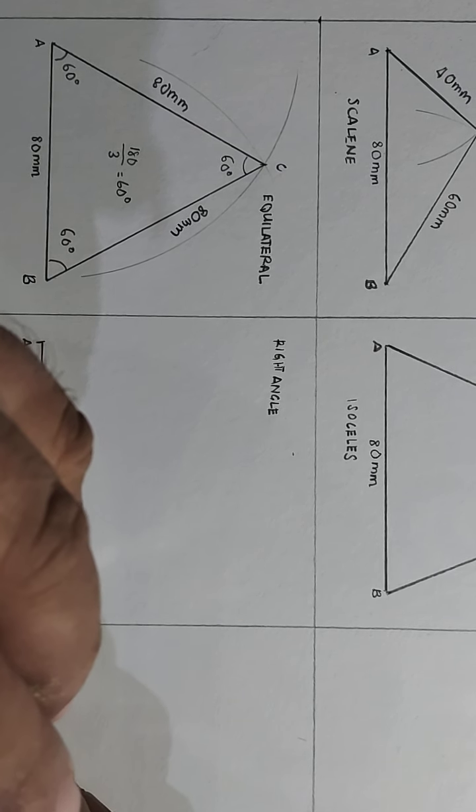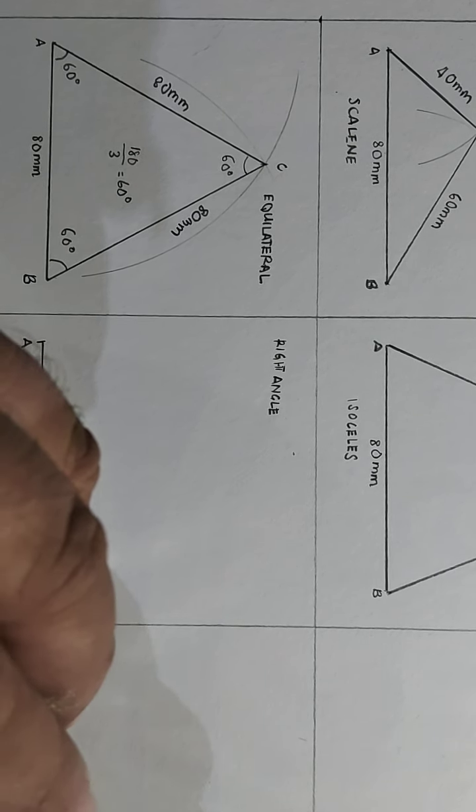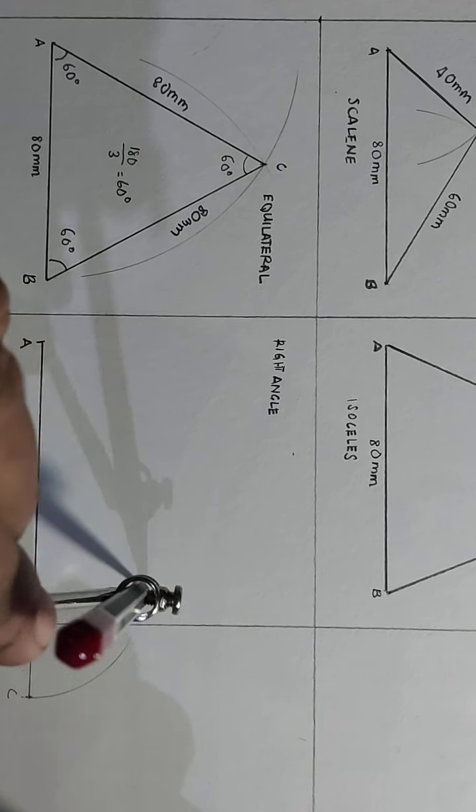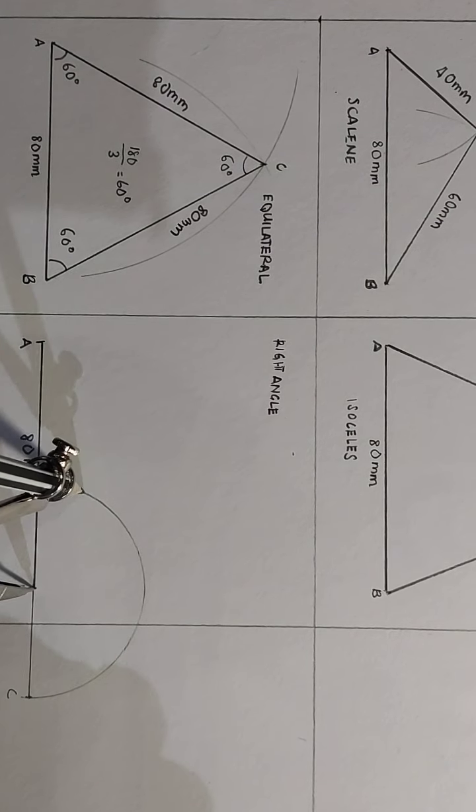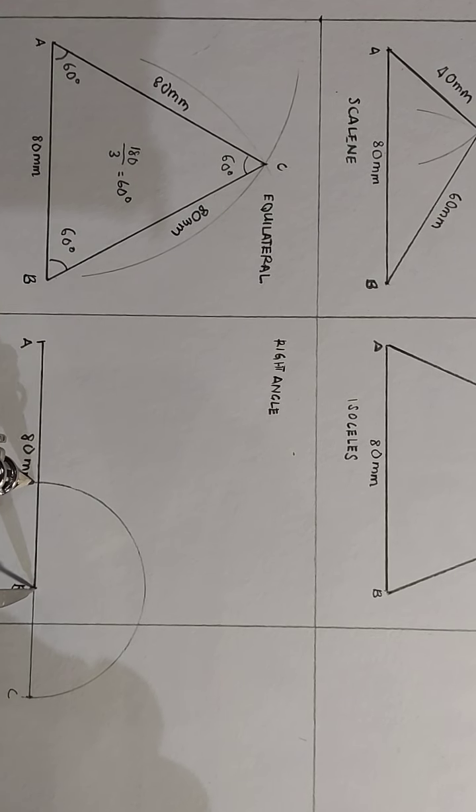Put it at B and C, and then make a half circle from C to the line of AB until it meets the line.